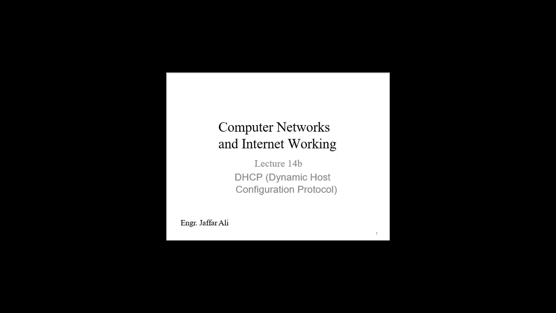The message types for DHCP include DHCP discover, DHCP offer, DHCP request, DHCP acknowledgement, and 3 to 4 more. So let's continue our lecture with the operation of DHCP, that is, how DHCP actually works.